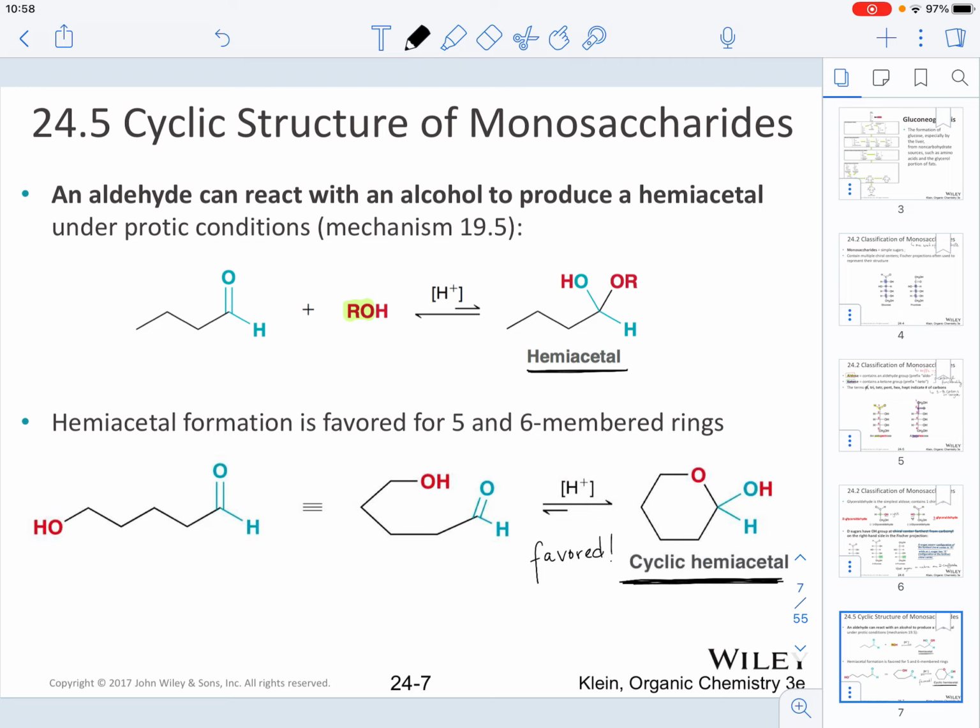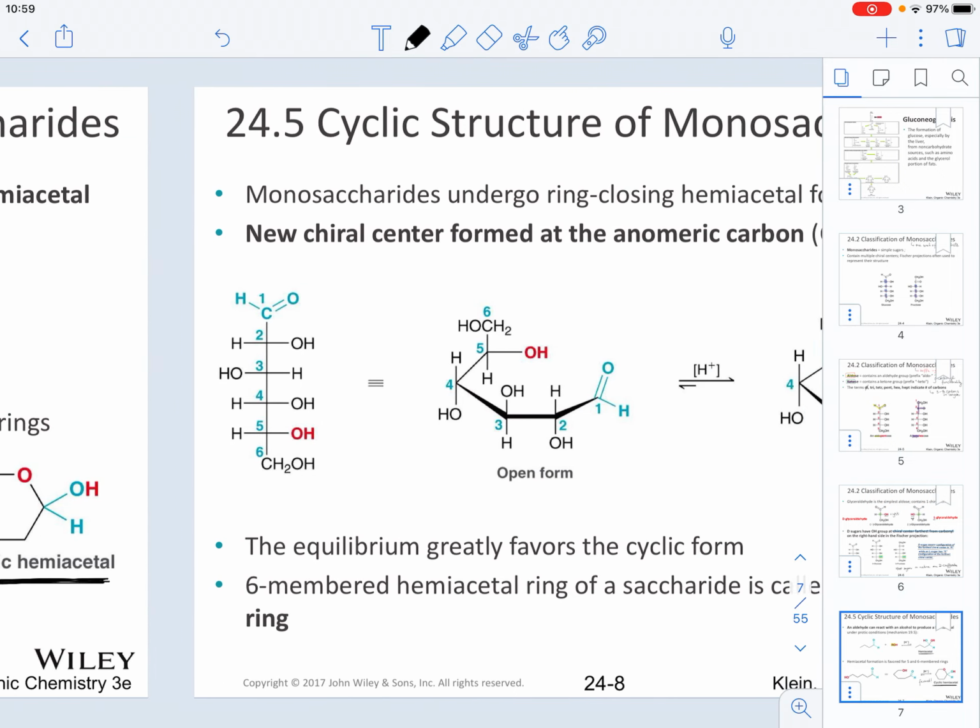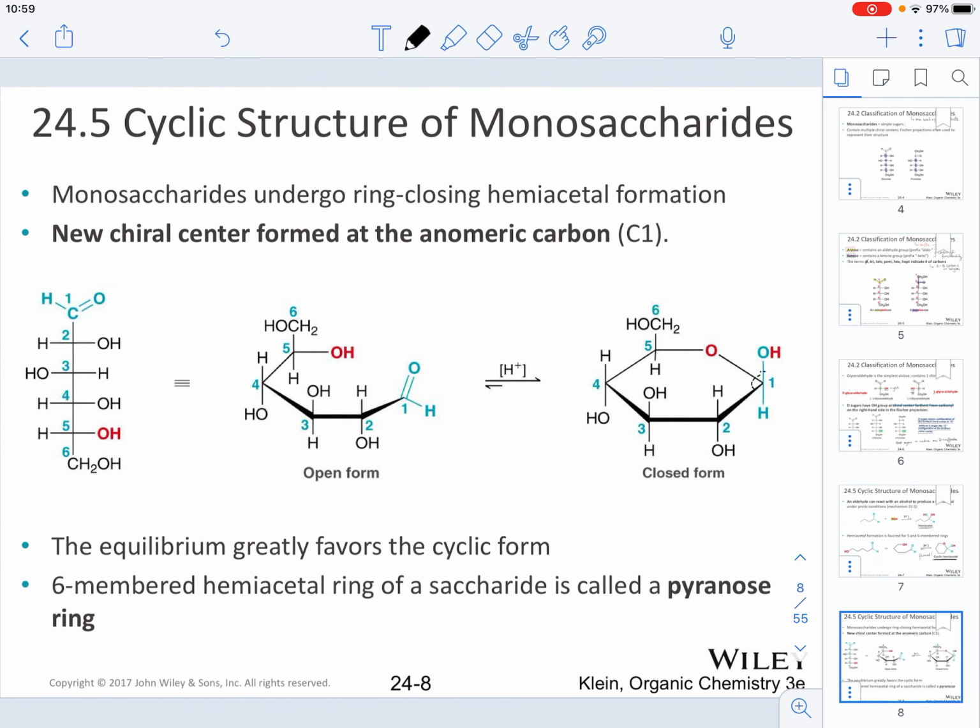Specifically, we are going to see the formation of 5 or 6 membered rings. So understand that monosaccharides undergo ring closing, hemiacetal formation. If we observe overall what is happening to the molecule, and I'm just going to highlight the chiral centers, in the beginning, in the Fischer projection open form, we have 1, 2, 3, 4 chiral centers.